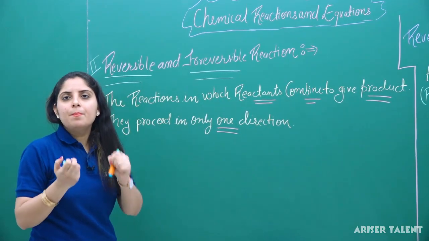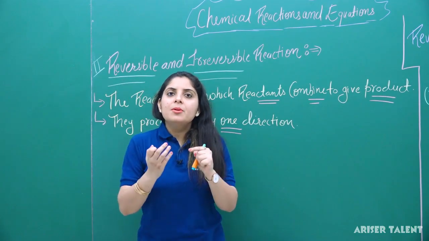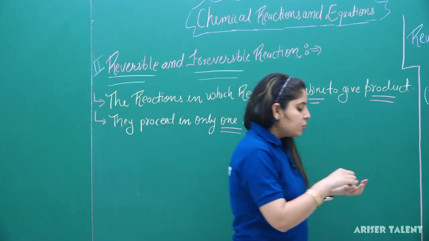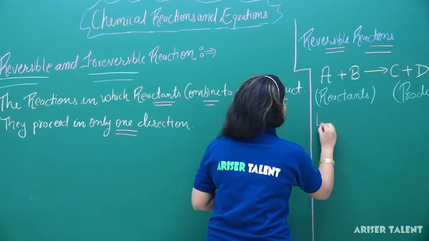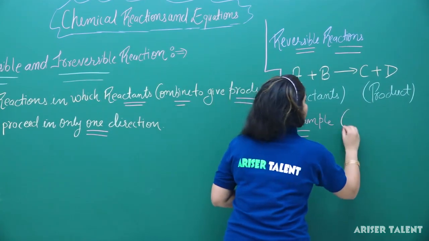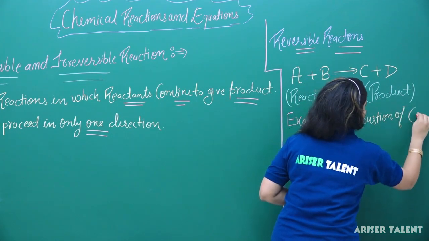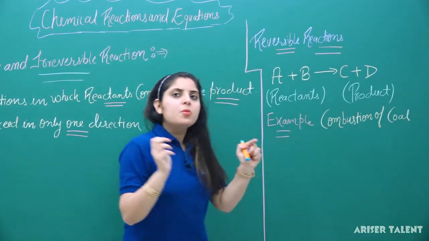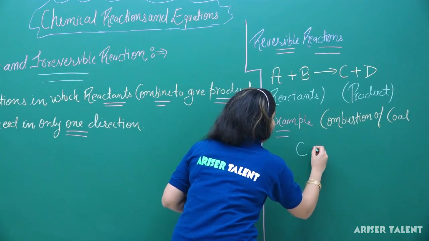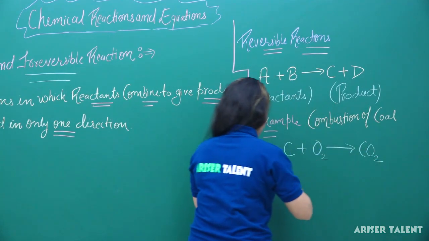Now we will consider a simple example for understanding this reaction. Have you heard about the combustion of carbon? Combustion of carbon, or coal, means carbon reacts with oxygen to form carbon dioxide. Every combustion process takes place only in the presence of oxygen. So for coal we have carbon. Carbon reacts with oxygen to give carbon dioxide.